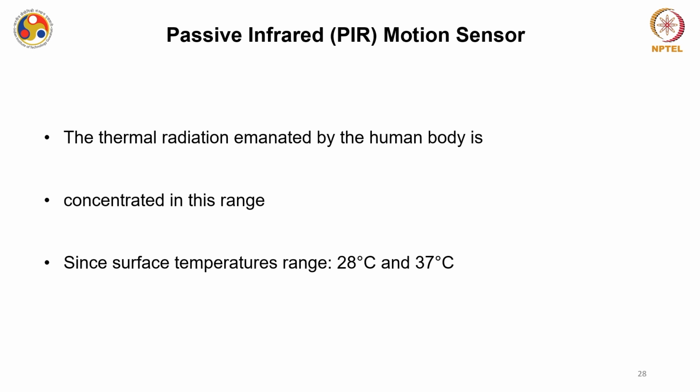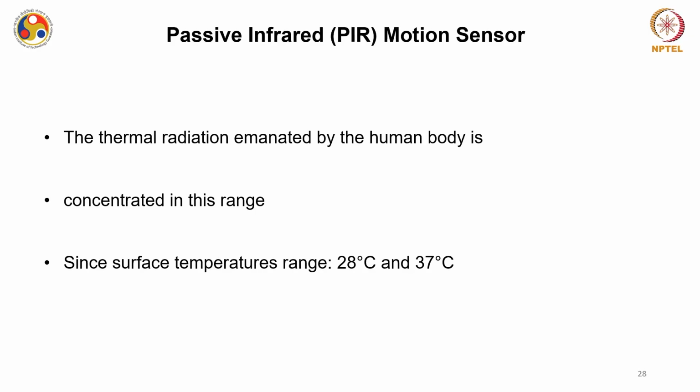So the thermal radiation emanated by the human body is concentrated mostly in this range, and that is why I mentioned that it is very important for security applications, because these kinds of sensors, sometimes called thermal cameras, are basically sensors only, and are very useful for intruder identification.